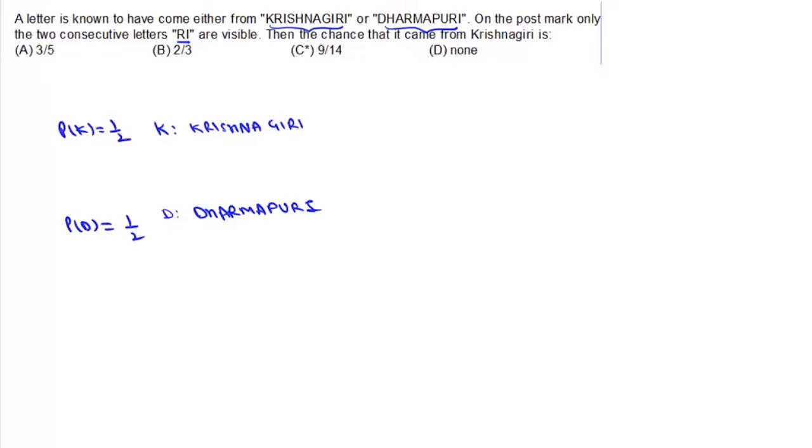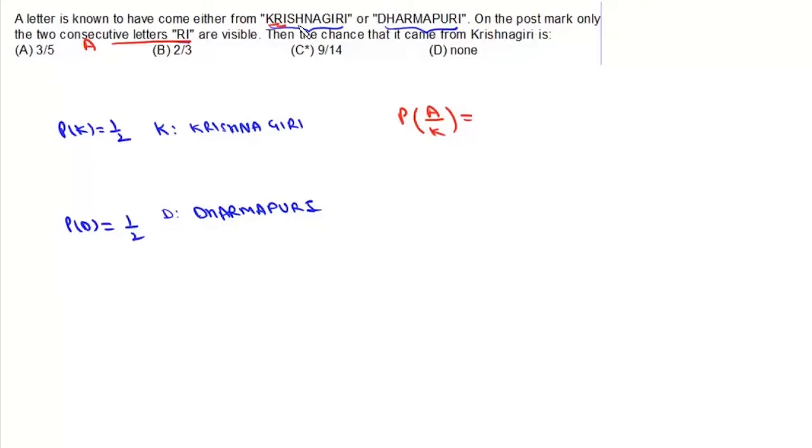Now let us take this event A, that the 2 consecutive letters visible are RI. So if we find this probability, A given K and A given B. Now if we look at Krishnagiri, the possible 2 combinations are, so we have to choose any 2 consecutive, and we know that in a row, the number of consecutive selections is given by n minus r plus 1.